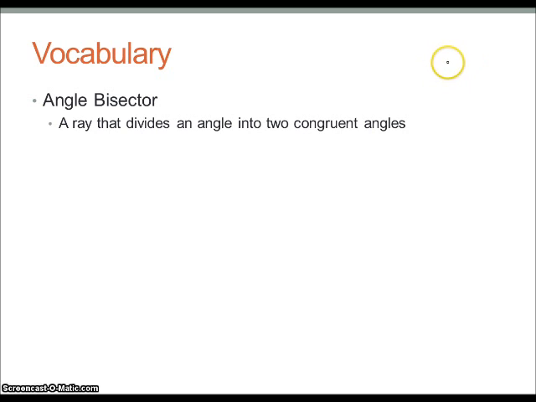So if we have, say, angle CAD, an angle bisector comes right down the middle, and we'll say a point here is E. So it makes angle CAE congruent to angle EAD. It just cuts it in half.